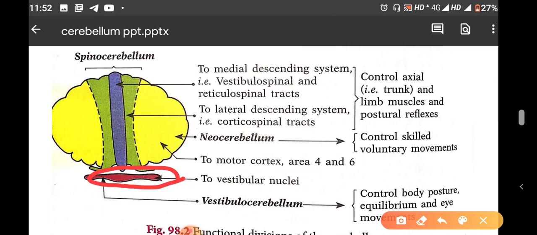It is concerned with the control of body posture, equilibrium and eye movements. That is the function of vestibulocerebellum.